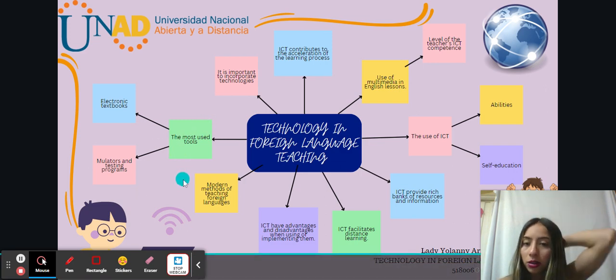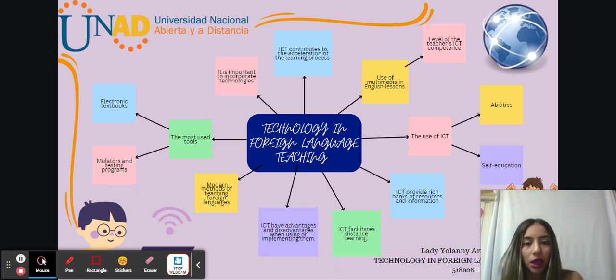Number eight, the most used methods and tools. In this point, the electronic textbooks, manuals that demonstrate with the use of a computer and in modern sources.